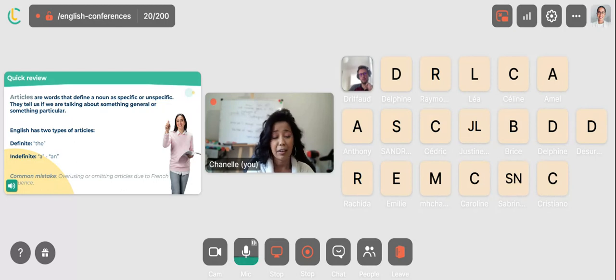And we have the indefinite, which is a or an. And in French, we have un, une et des. A common mistake is that sometimes we overuse the articles or we omit the articles. That means sometimes we use them too much or we do not use them enough.